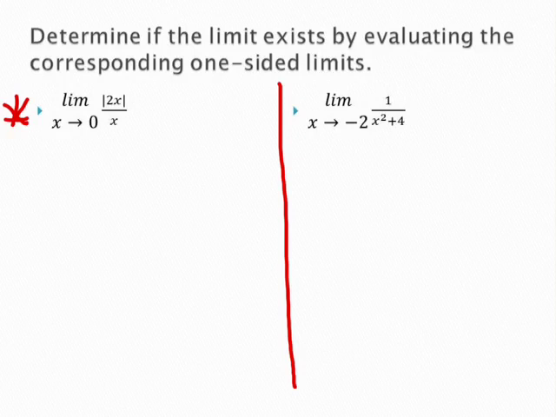So what we can do is we can look at the right and left hand limits. Okay, if they are the same, then that's what our limit is. So first, I want you to picture the graph. We just got through talking about this. So we know our graph is going to look like this.